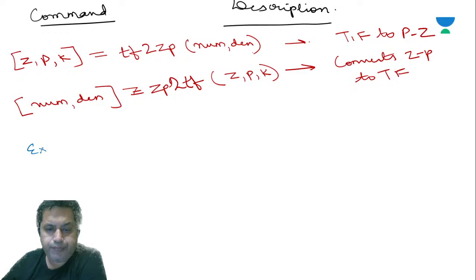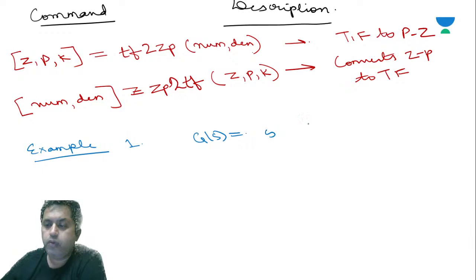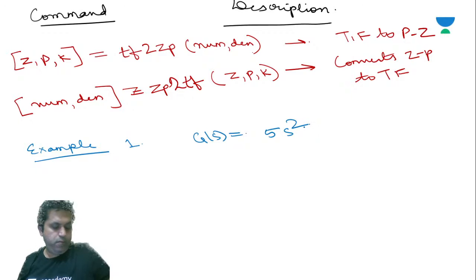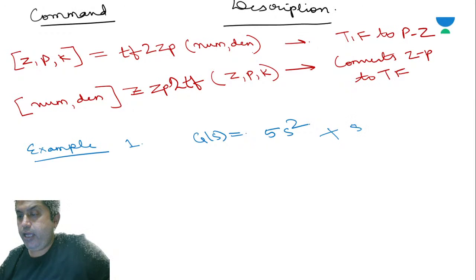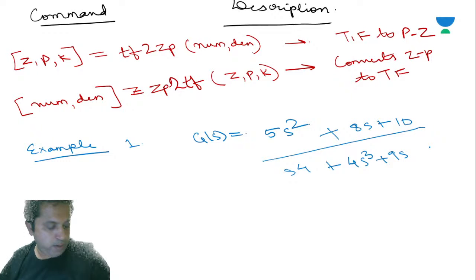So example 1. G(s) is equal to 5s square plus 8s plus 10 divided by s raised to 4 plus 4s cube plus 9s square plus 10s.